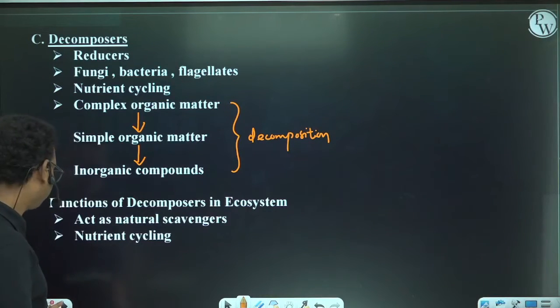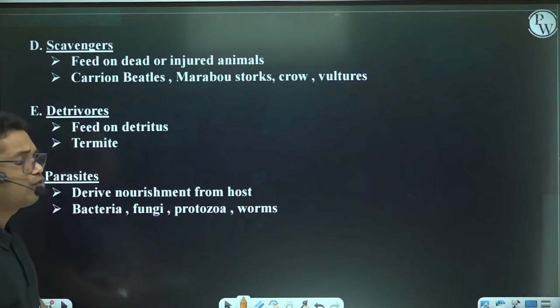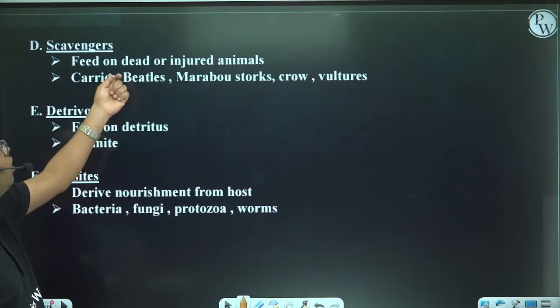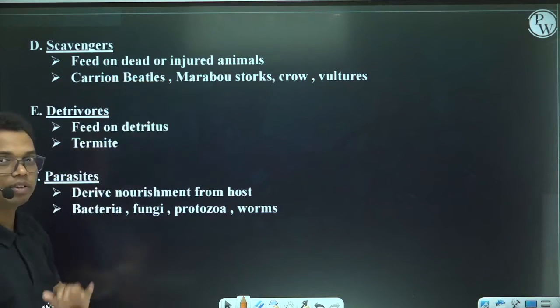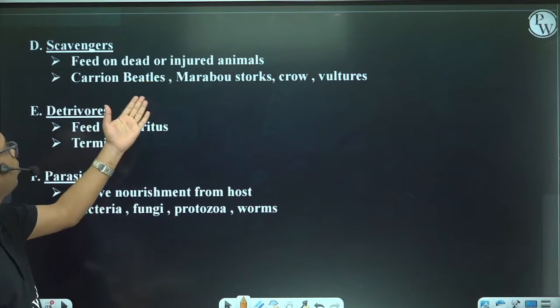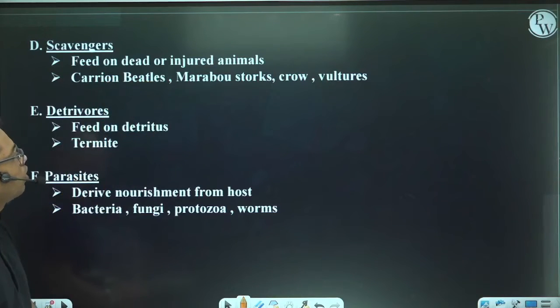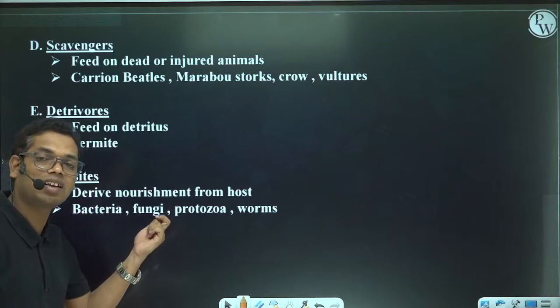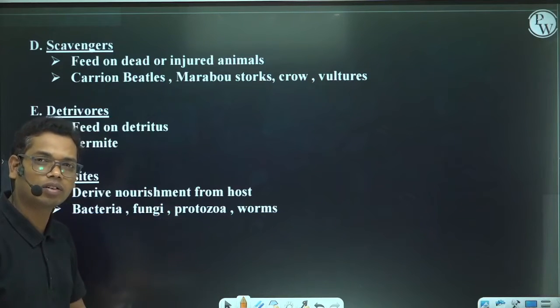Now the fourth biotic component is scavenger. These are those organisms which feed on dead or injured animals. The examples are carrion beetles, storks, crow, vultures, etc. What are detritivores? Those organisms which feed on detritus. What is detritus? Detritus is basically dead organic matter.